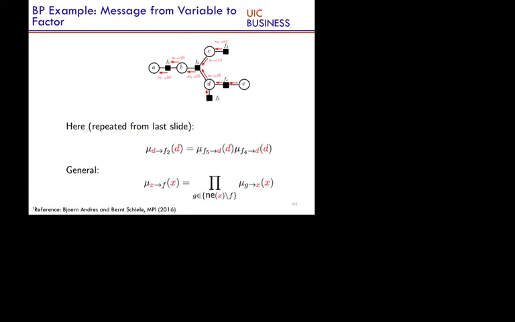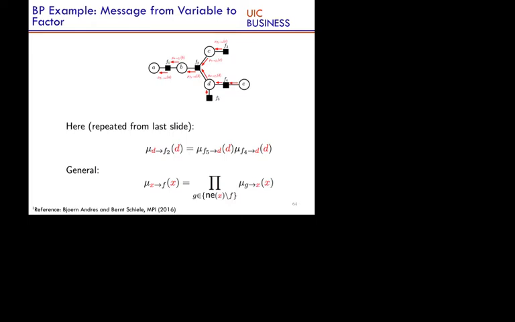Just repeating the same thing. This was the special case for the variable D, which was sending a message to some other factor, in this case factor F2. And if you think of it, these two are just coming out as products. So I'm going to do a product over all the neighbors of the variable node except the factor that I want to send the message to, of the messages that I've received from these other factors.